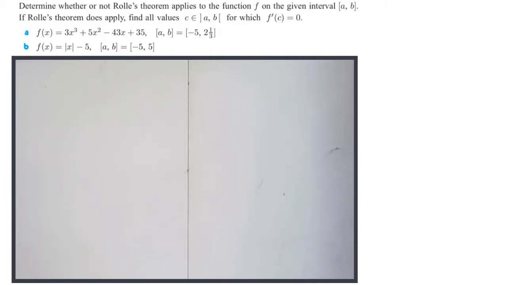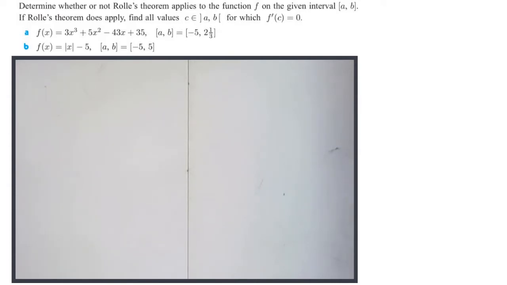So just before I talk about the functions, Rolle's theorem says that if you have a function such that every element in the domain maps to a real number, that function is continuous on the closed interval between a and b, and it's differentiable on the open interval between a and b.